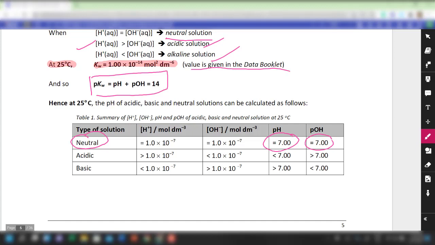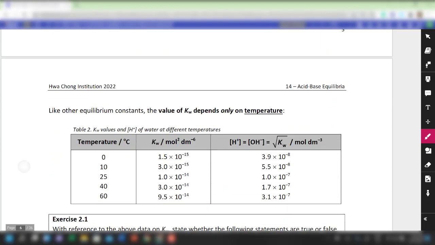Remember that similar to Kc, Kp, and Ksp, these equilibrium constants are all temperature dependent variables. So Kw, and later on you're going to meet Ka and Kb, the values will change according to temperature.